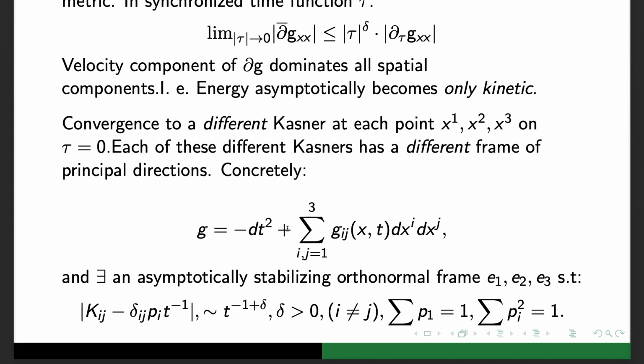And so the second fundamental form behaves like this. There are some Kasner exponents depending on your point, and it will look like delta ij times the corresponding p_i, of order t to the minus 1, and the remainder is strictly better. And again, at each point, you're going to a Kasner.